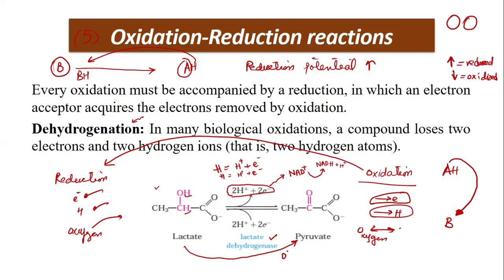So if there is an oxidation, there must be a reduction. One substrate is being oxidized and there is a second species which is being reduced. So this is the example of an oxidation and reduction reaction.